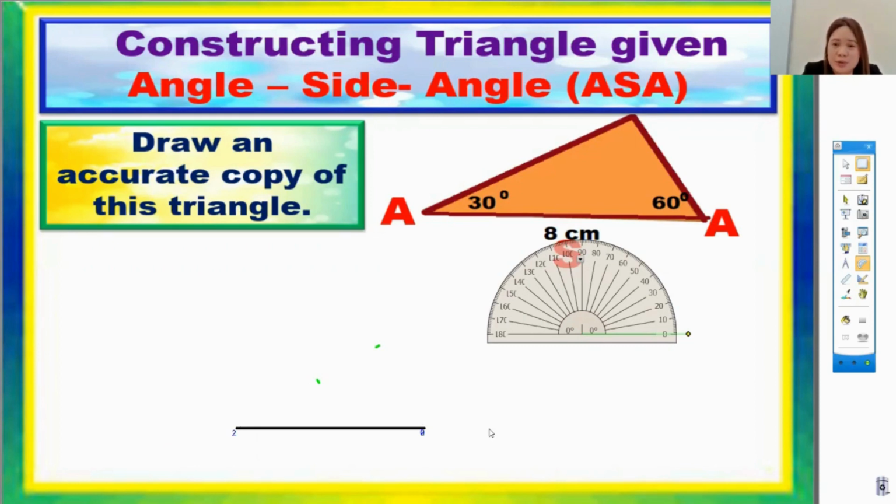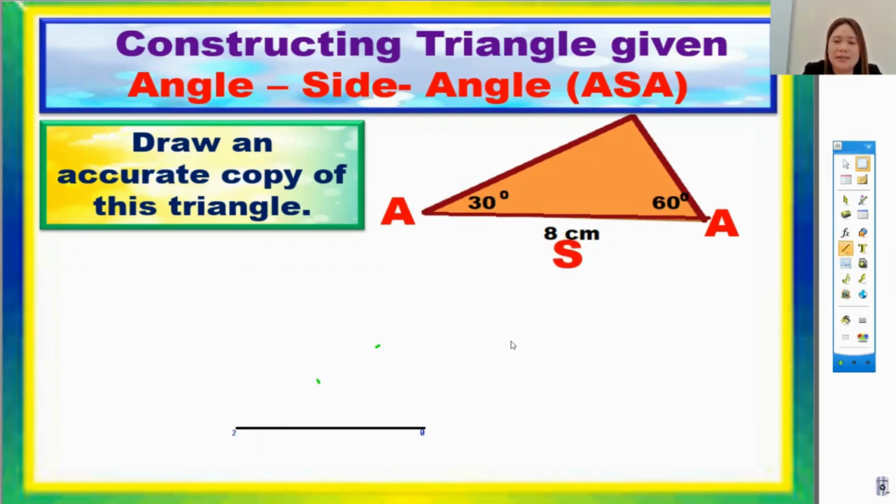Then using your ruler or any straight edge, all you need to do is to connect the points. Since the sides of the triangle are not given, you just simply connect them, but make sure that these two sides intersect later.